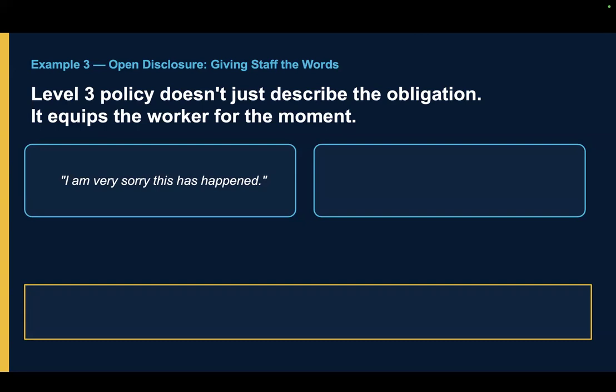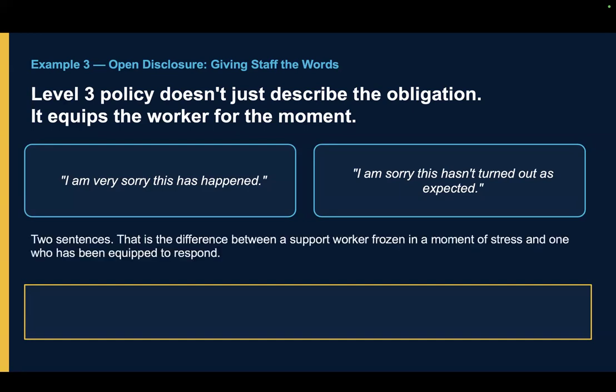Level 3 policy doesn't describe the obligation. It equips the worker for that very moment. "I'm very sorry this has happened." "I am sorry this hasn't turned out as expected." These are both good ways of saying it without taking liability for anything in that moment, because liability may not be known, okay?